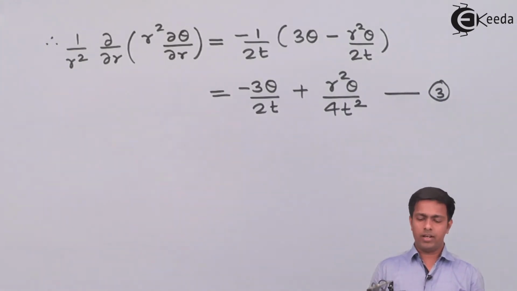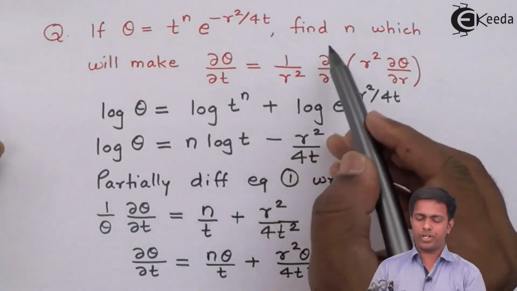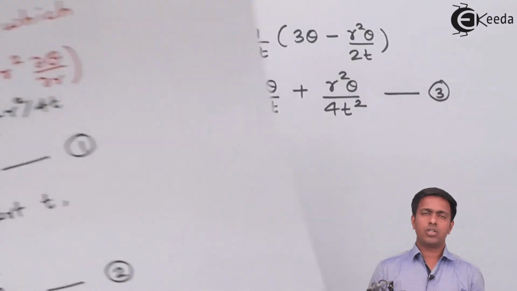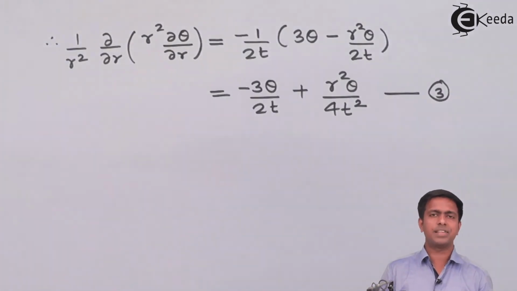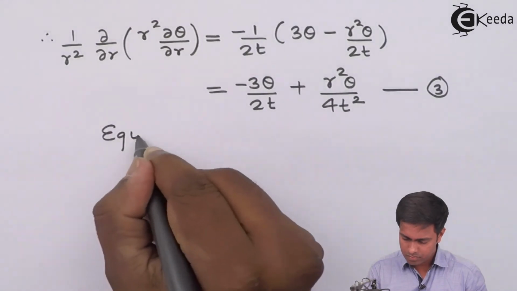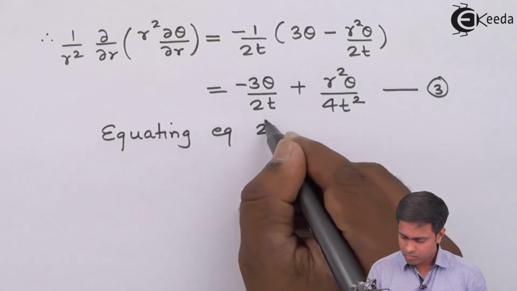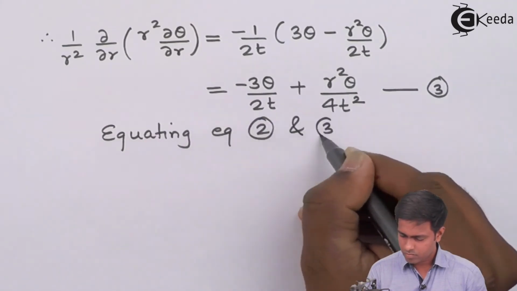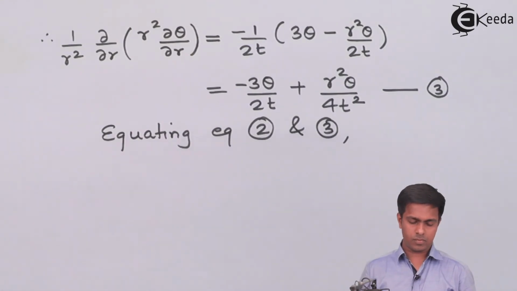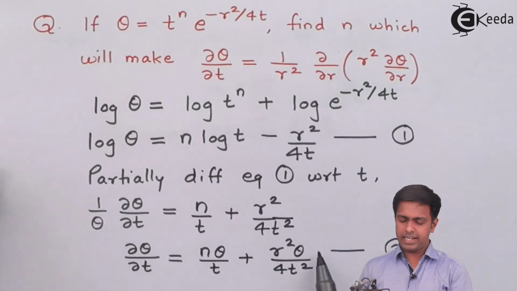Now we'll equate those two values, because in the question it is given that these two terms are equal. So I'll be equating equation number 2 and 3. In equation number 2, this is the right hand side, which I'll write here.